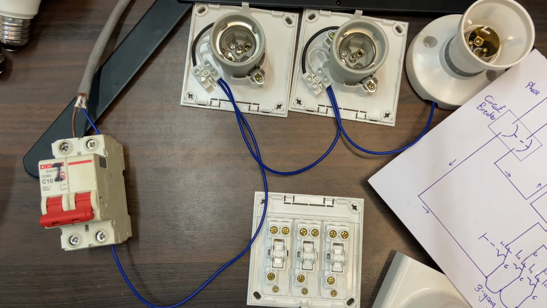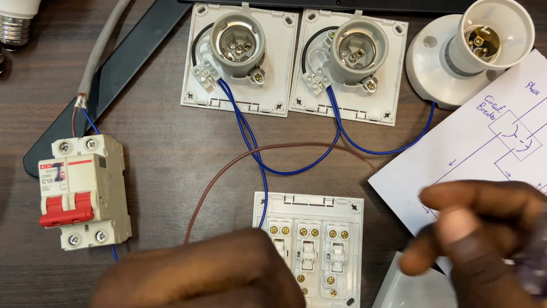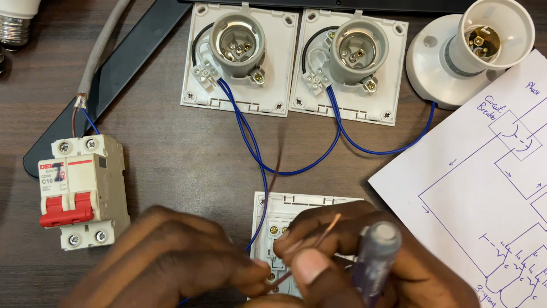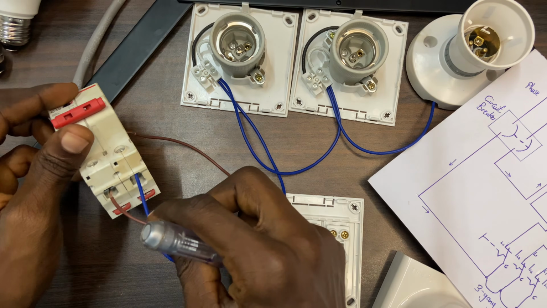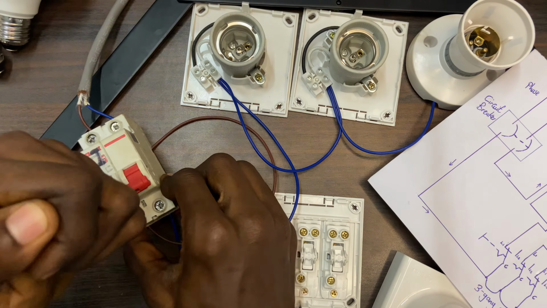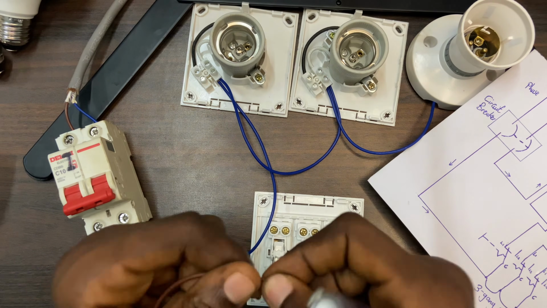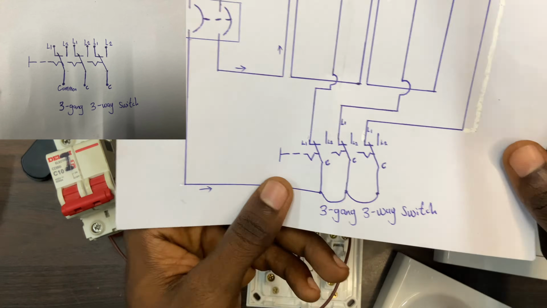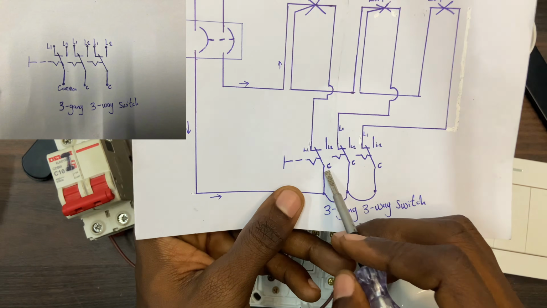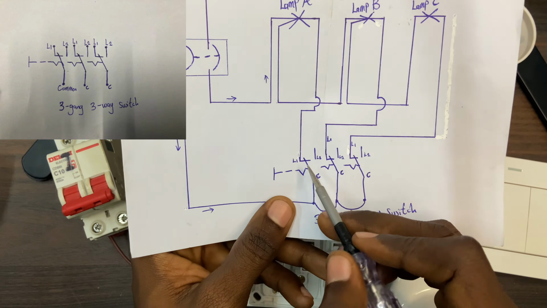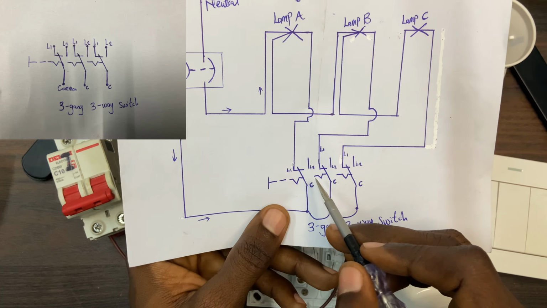With the switch, I'm going to use, as I said, the brown cable. I'm using this one from the breaker to the common terminal. You see the switch we have. This is the common, and this is line 1 and line 2, and we are going to use only line 1 for the connections.